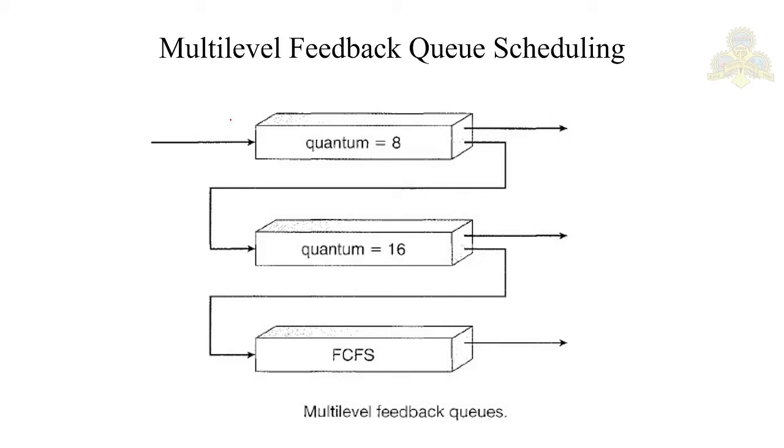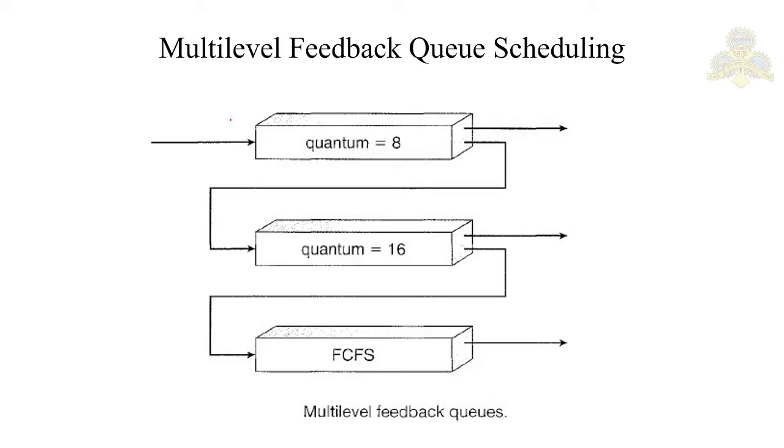Normally, whenever the multi-level queue scheduling algorithm is used, that is the previous one, the processes that enter the ready queue are permanently assigned to a queue. For example, when a batch process enters the ready queue, it is permanently put into the batch process queue. When a system process enters the ready queue, it is put into the system process queue.